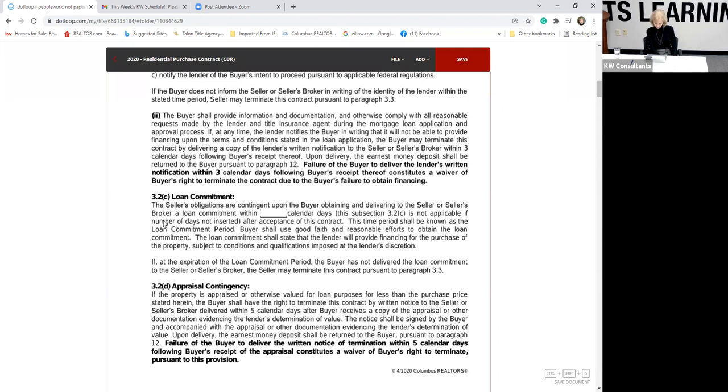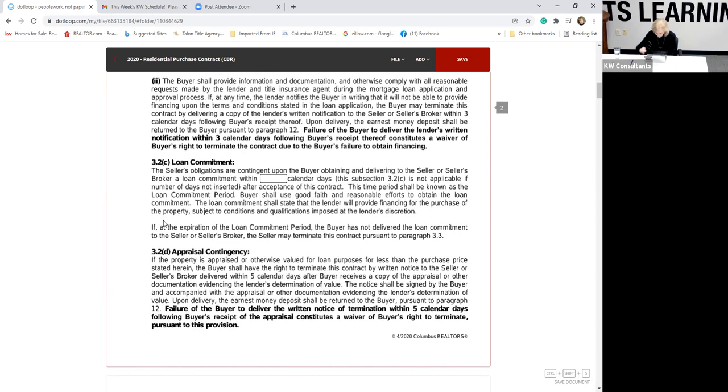So again, gotta impress on your buyer that they have to do their part in getting all the documentation to the lender. Because if they just don't get all their stuff in and they don't get the loan, they possibly could not get their deposit money back just because they didn't do their due diligence to get their paperwork done.